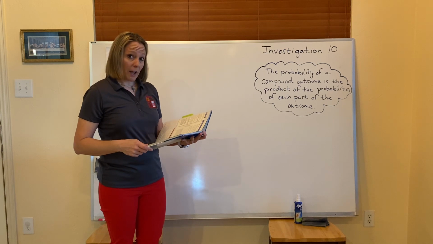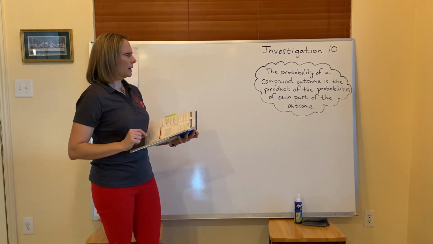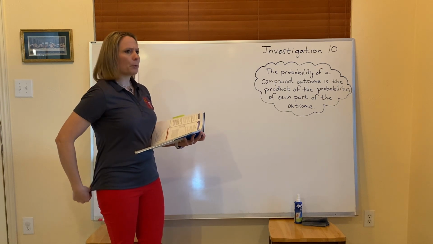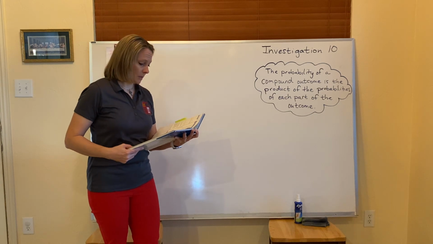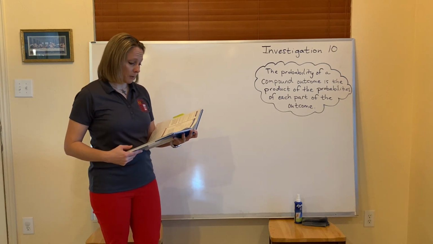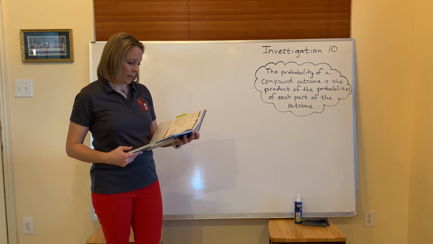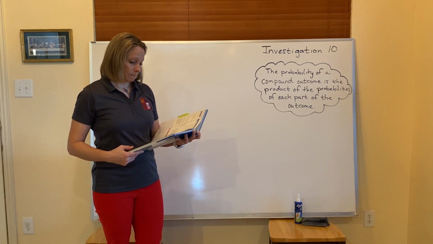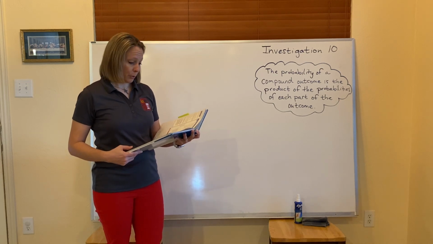I'm on page 525 underneath the box that says the probability of a compound outcome is the product of the probabilities of each part of the outcome. So we'll use this principle to calculate the probability of the first branch of experiment 1, the spinner marble experiment, which corresponds to the compound outcome A, blue.